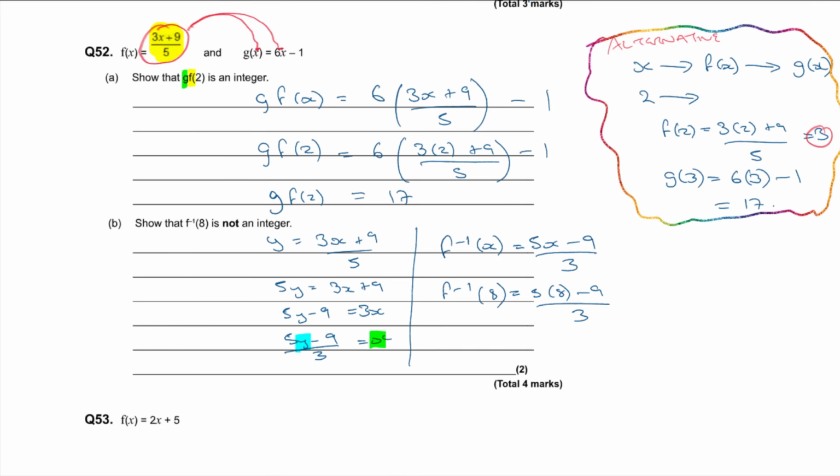So 5 eights is 40, minus 9 is 31. So that's 31 over 3. And that is not an integer because 3 does not divide neatly into 31. Therefore, f to the minus 1 of 8 is not an integer.